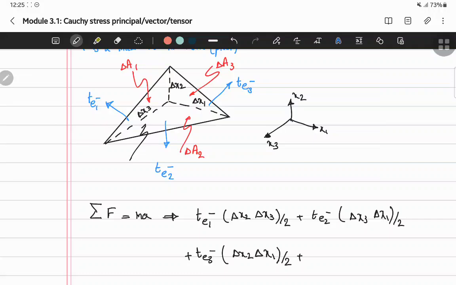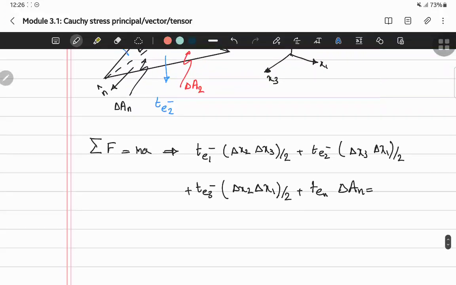Let's call this delta A n, and it has a normal vector n. So plus T E n times delta A n is equal to MA.